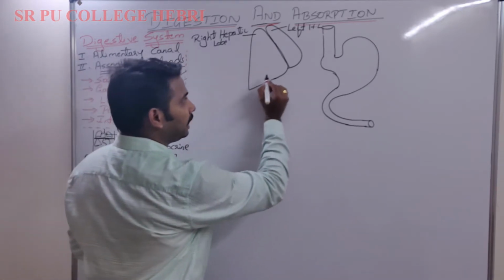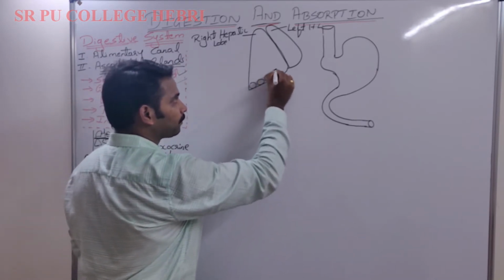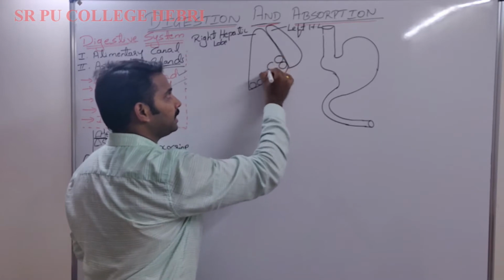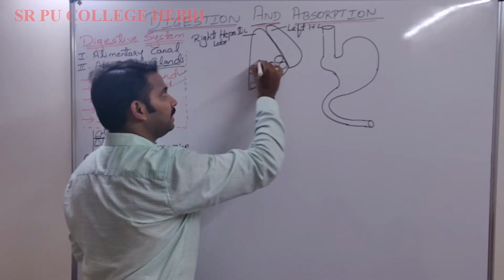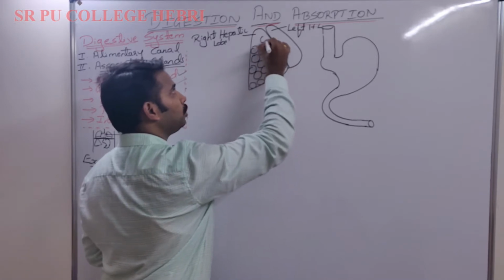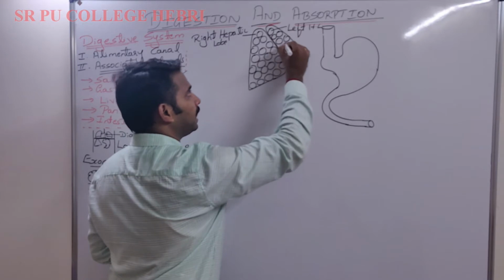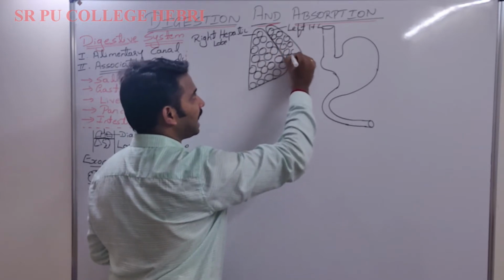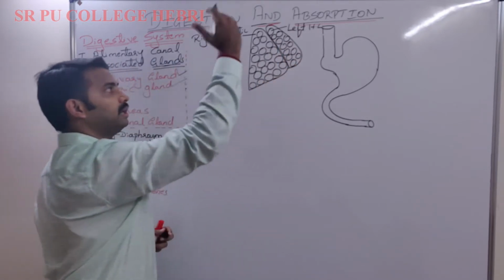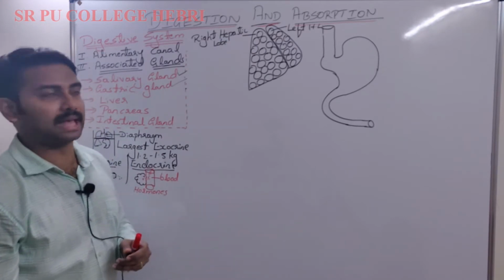Each lobe is again divided into smaller functional units of the liver. The actual concept of how exactly it is, I will deal with in a different chapter called tissue structures. There I will show you.